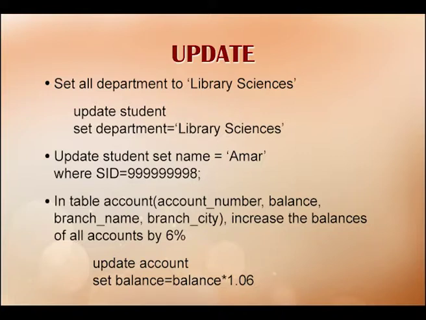Suppose that table consists of 10 records, then for all 10 records the department name is set to library sciences. Likewise, you can update the account also. On the slide I have given the example: update account set balance equal to balance into 1.06. So, that balance column will be changed to balance multiplied by the factor 1.06.